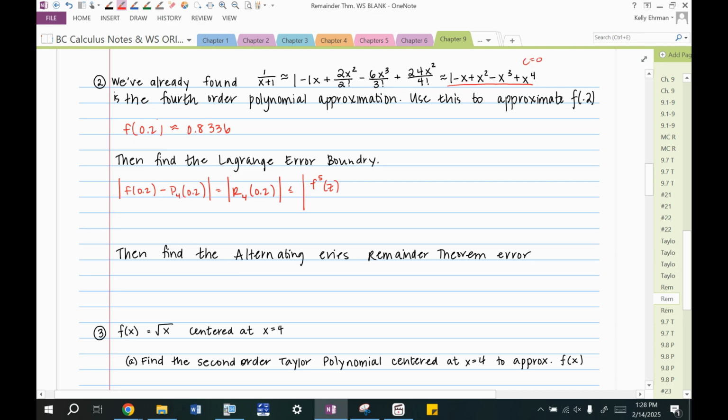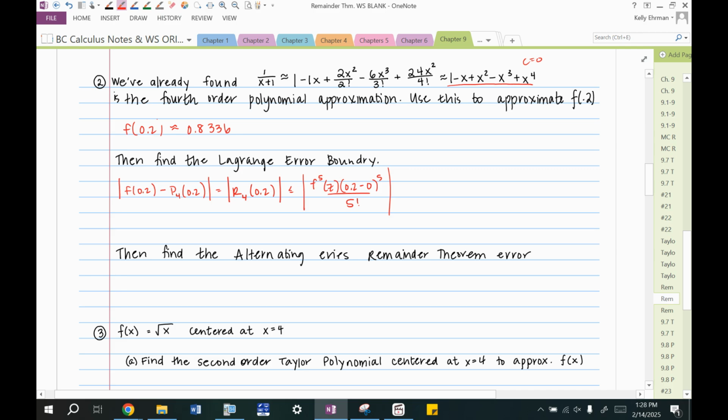And I can see that because these are just x's. It's not x minus something. Times x, 0.2 minus 0 to the fifth, over 5 factorial. So I need to come up with what is this f5 of z.